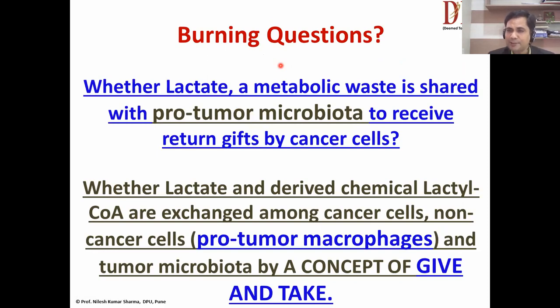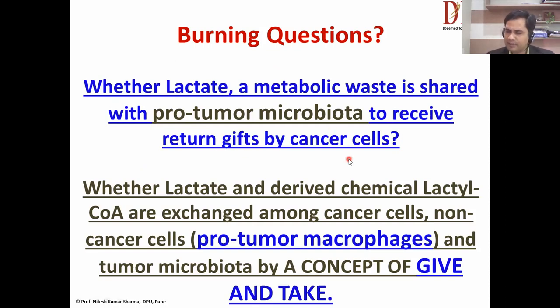Then the whole question is, why on earth would the cancer cell transfer this lactate, or metabolic waste, to the microbiota? For a return gift. Because the cancer cell knows that whatever cells are in the surrounding will ultimately work in favor of cancer cells. They will support the cancer cell one way or another.